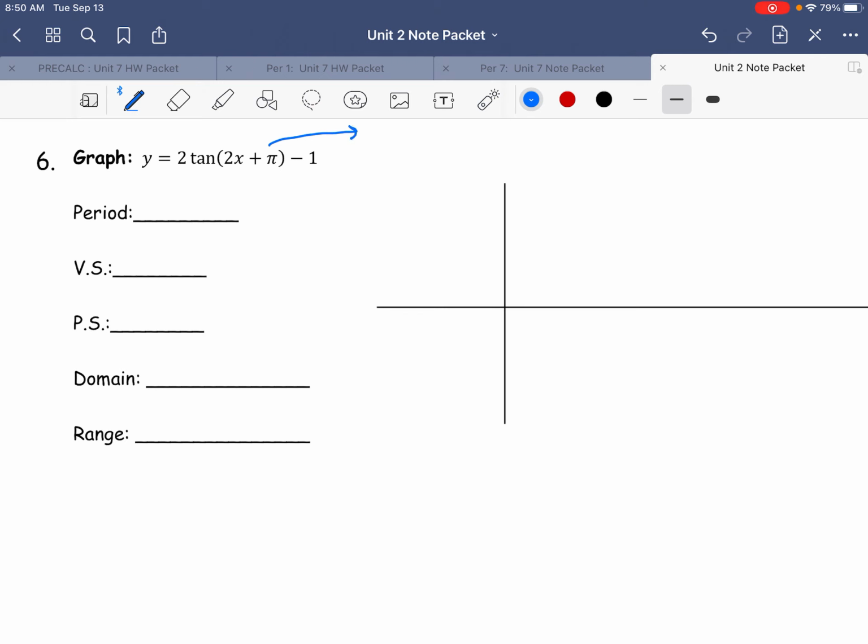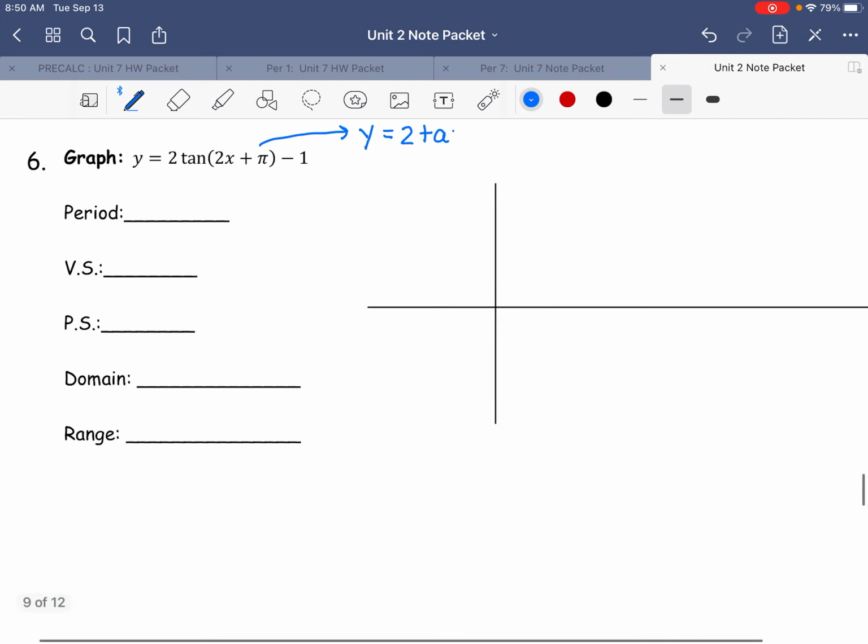So the first thing I want to do is factor. Y equals 2 tangent. Take out a 2, x plus pi over 2 minus 1. So I just took out that 2. Then, just like before, I'm going to first graph my cosine because tangent is sine over cosine.